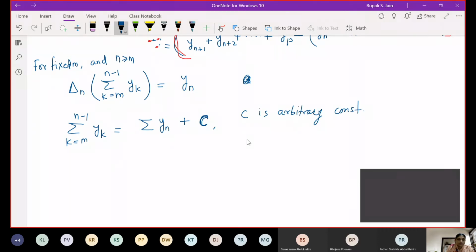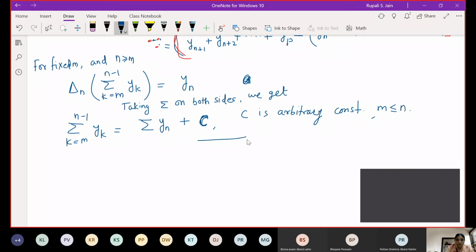Is that okay? Taking summation on both sides, like how we take the integral, we get this one. This is for m less than or equal to n.